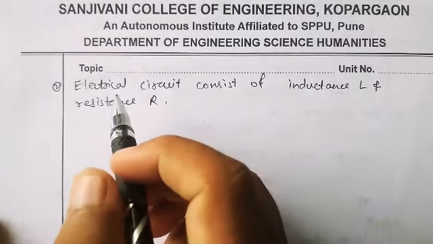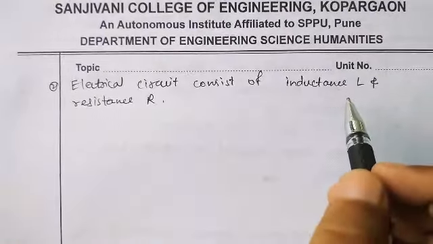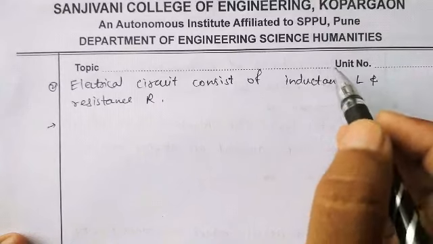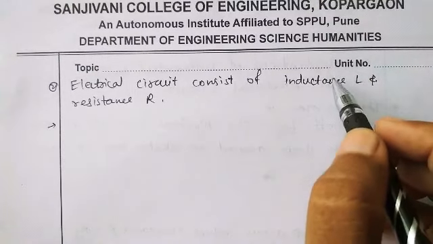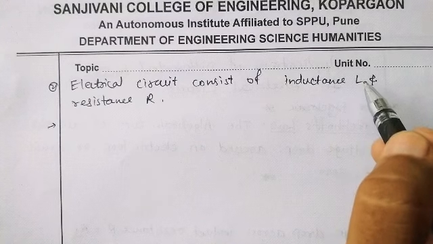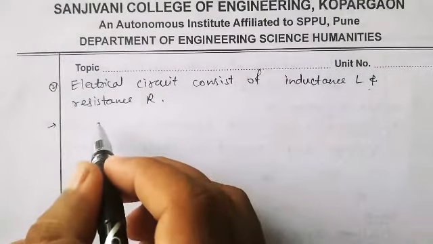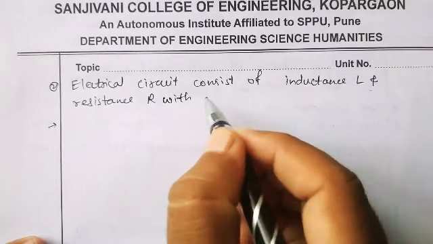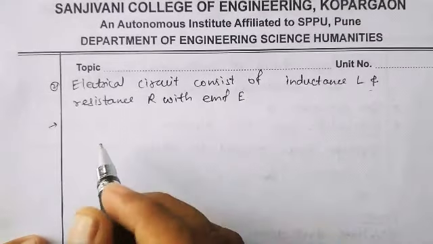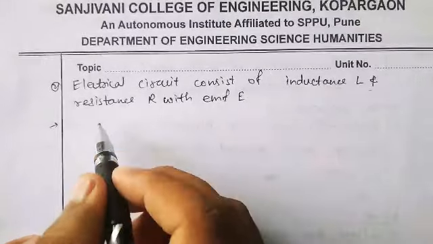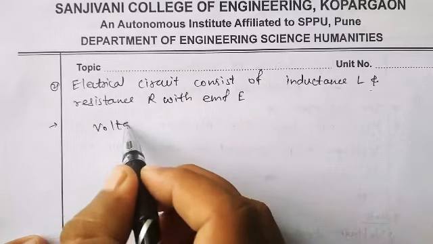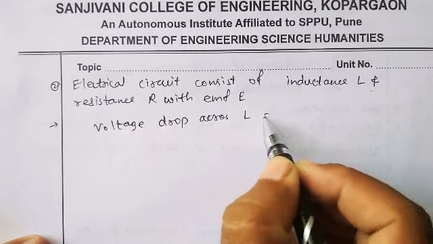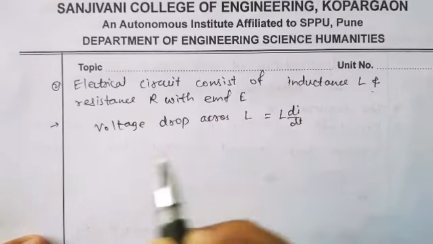Now next is the electrical circuit consisting of inductance L and resistance R with EMF E. According to Kirchhoff's law, voltage drop across L is L into di by dt.